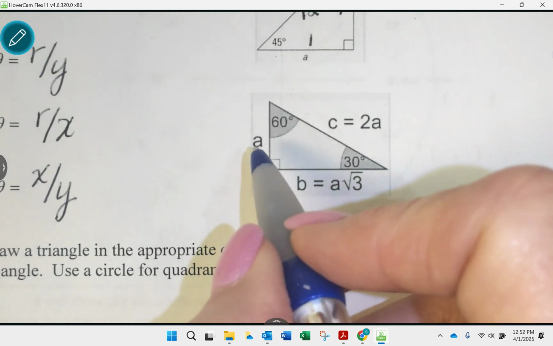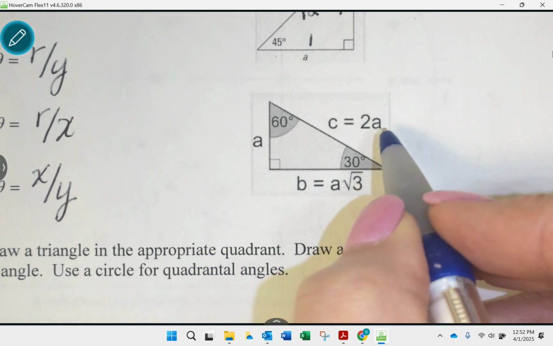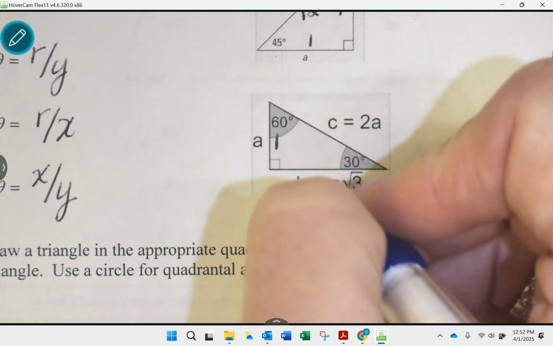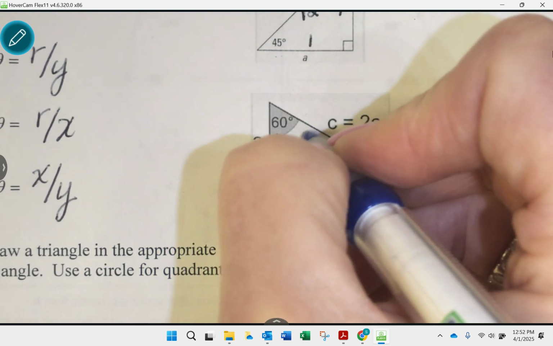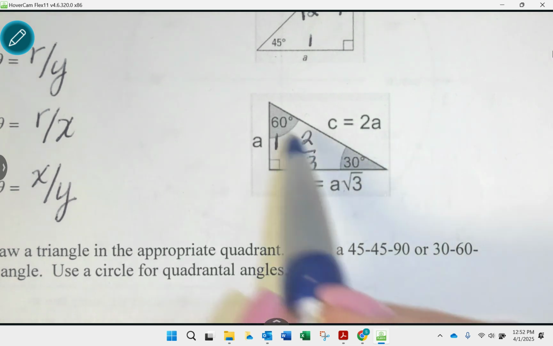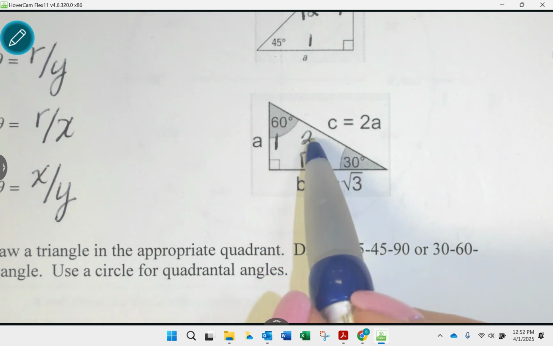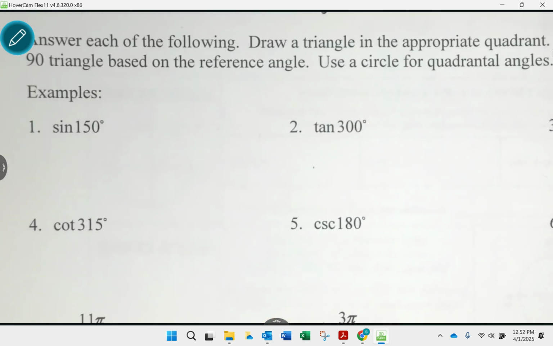For a 30, 60, 90, it goes a, a radical 3, and 2a. But now we're going to think of it as just divide that by a, which is 1, divide that by a, radical 3, divide that by a, and you get 2. So across from the 30 is the 1, across from the 60 is the radical 3, across from the 90 is 2.